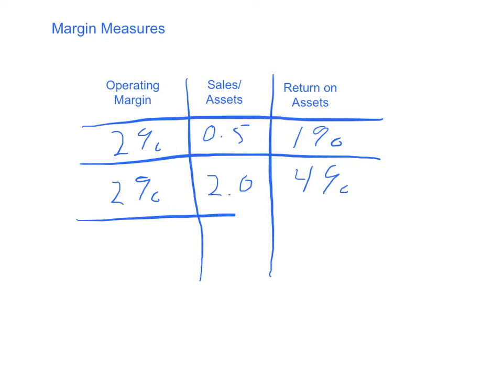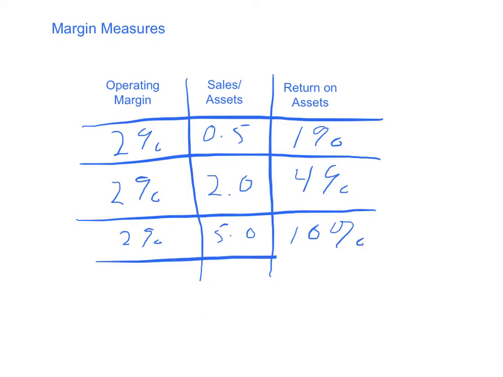If we take that same 2% operating margin and we have a sales to asset ratio of 5, we now have a 10% return on assets. And then finally, if we take that same 2% operating margin and we have a sales to asset ratio of 20, we now have a whopping 40% return on assets.